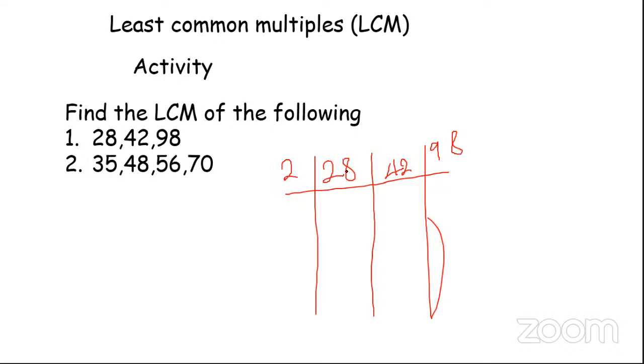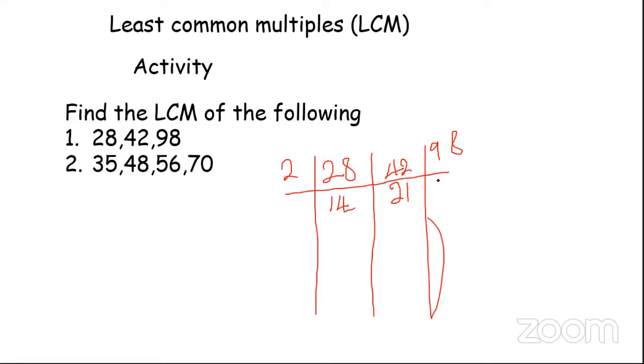So 28 divided by 2 gives us 14. Then this gives us 21. Then here we get 49.